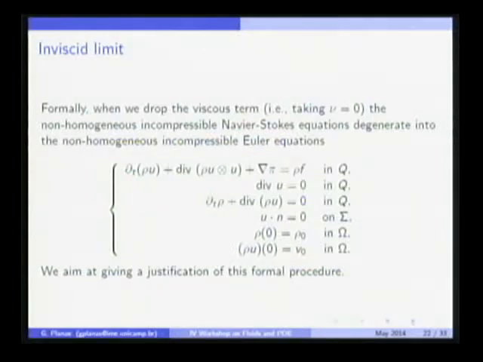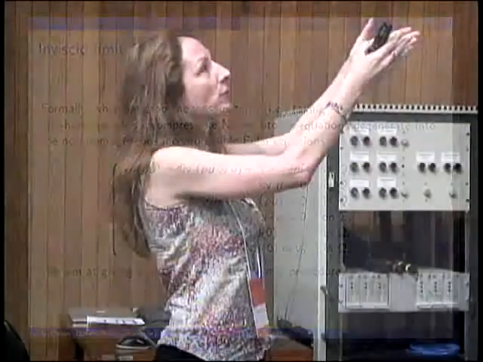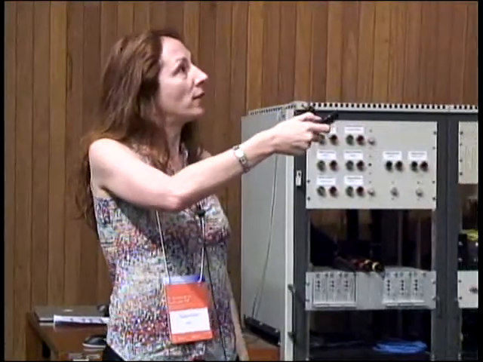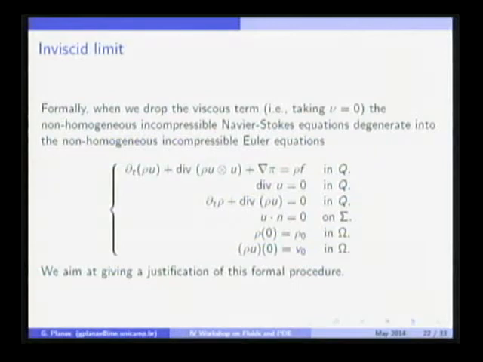Okay, let's do the second part of the talk, which is the inviscid limit. Formally, when we drop the viscous term, that is, taking the viscosity equal to 0, the non-homogeneous incompressible Navier-Stokes equation transforms into the non-homogeneous incompressible Euler equation. The difference with the original problem is that we don't have the Laplacian here, because the viscosity is 0.